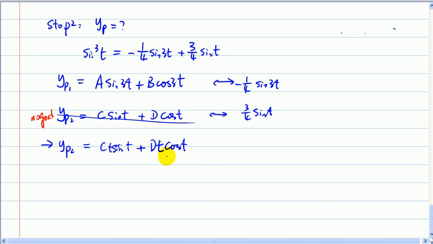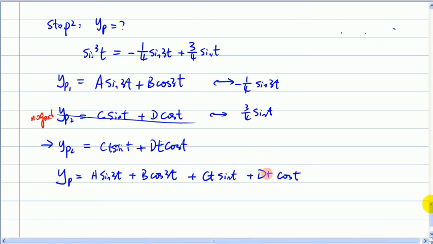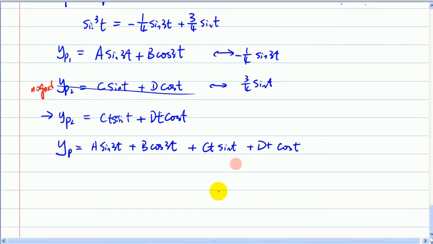So overall, your yp equals A sine 3t plus B cosine 3t, plus ct sine t and dt cosine t. This is a very long expression for yp. We need to solve for A, B, C, D.